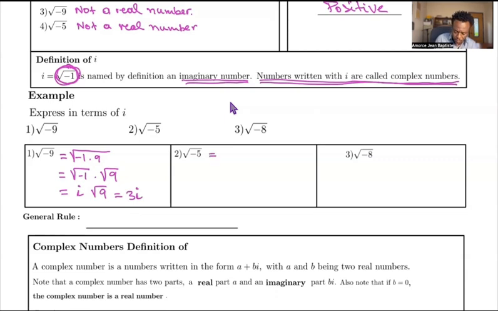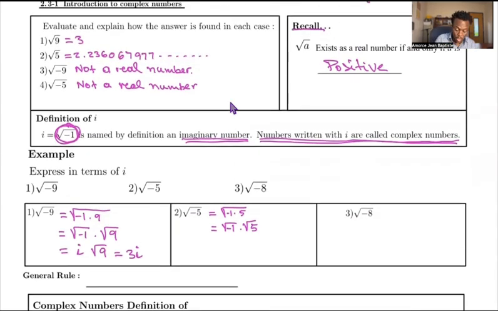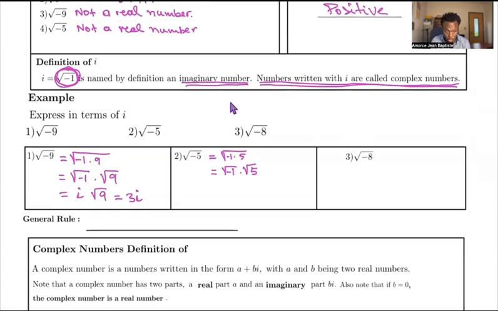Same thing here. That's square root of -1 times 5. That equals square root of -1 times square root of 5. I would prefer keeping square root of 5 as a radical instead, because I don't want to go here with this bunch of decimals. So I'm just going to keep it square root of 5.